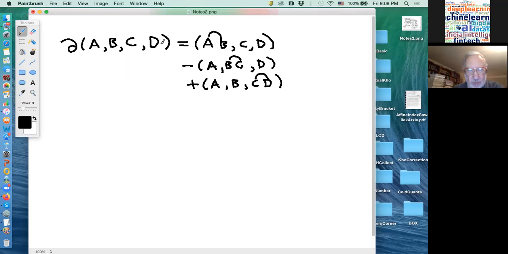So started with 4 surface objects, we have 3 surface objects, and then am I keeping track of my signs? Plus, minus. And then the last one we have D and A are connected to one another, right?